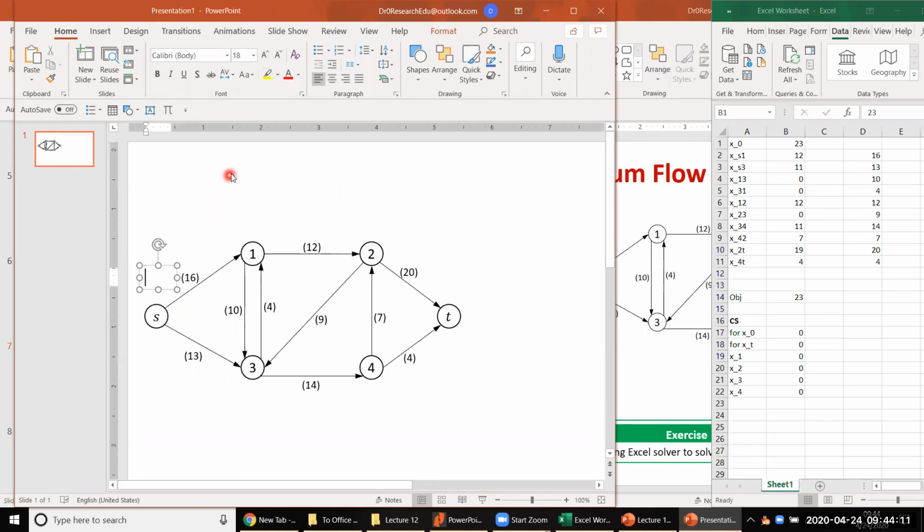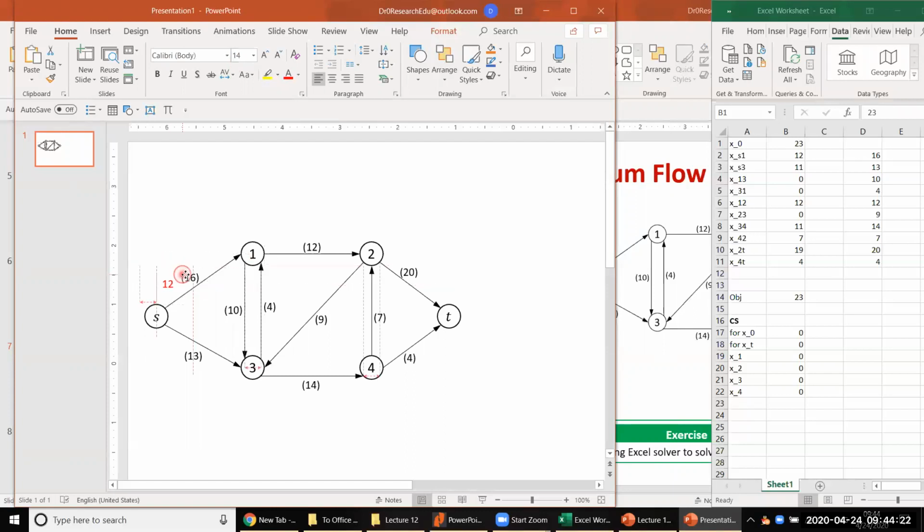Let me use a red color, for example, and make the font 14 to make it more clear. So here xS1 is 12. And then I can copy and paste. Great. And xS3 is what? It is 11.